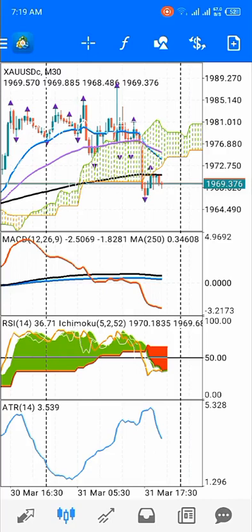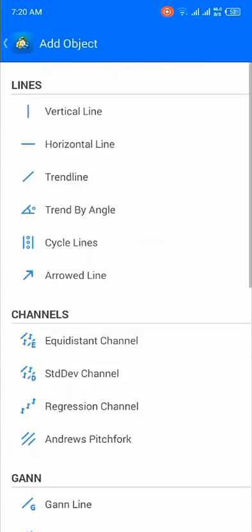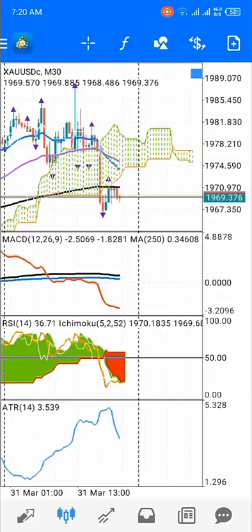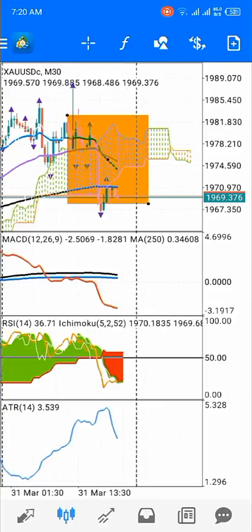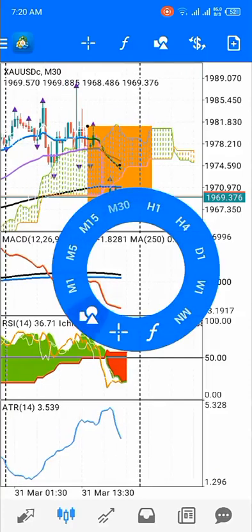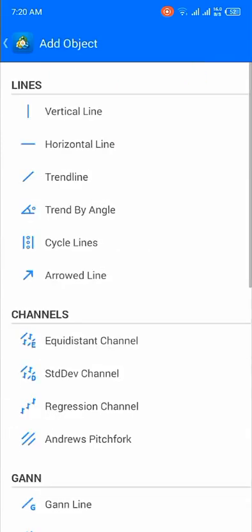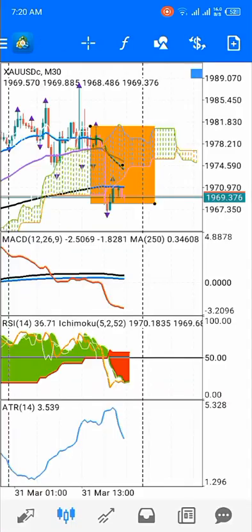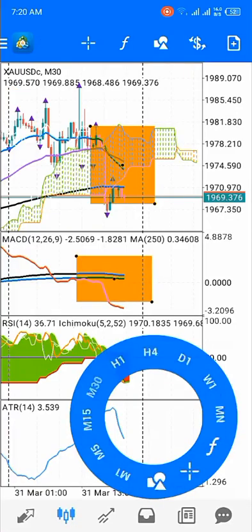The screen is divided into three. We have the main chart. This is the main chart. We have indicator window 1. This is indicator window 1.